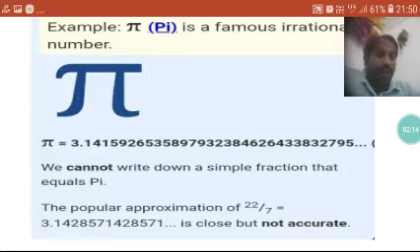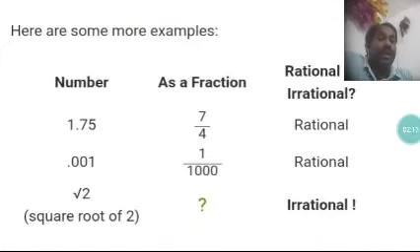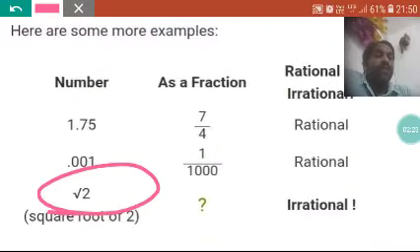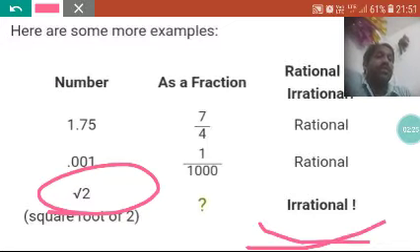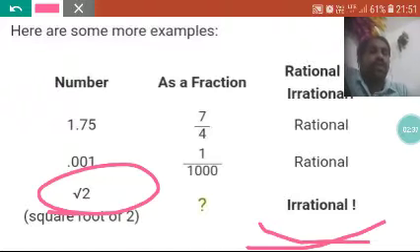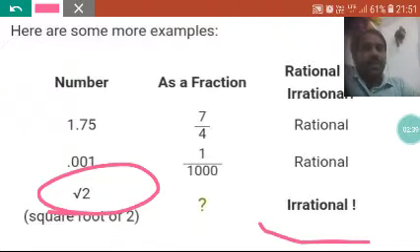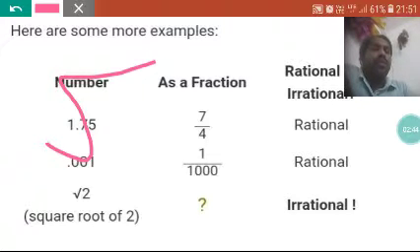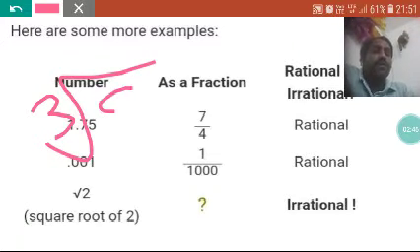There are some more famous irrational numbers. See, root 2 is not a rational number, it is an irrational number. That means all the numbers which are not a perfect square or perfect cube are irrational. Suppose I write the cube root of 8.